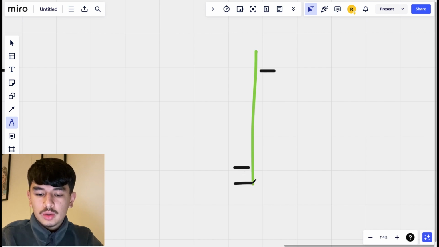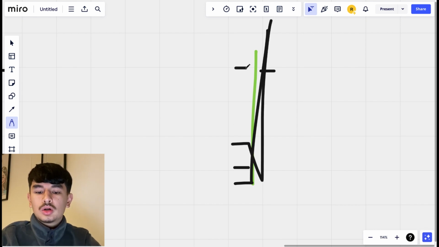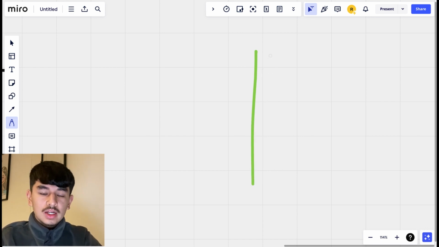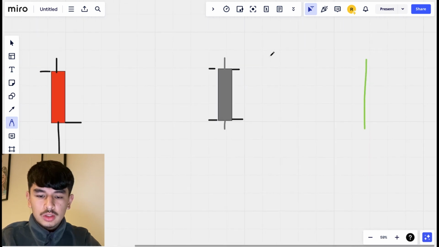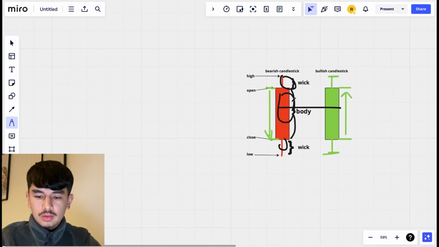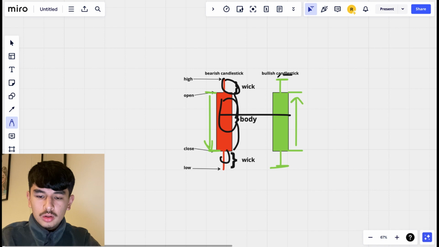So for all we know, it could have started down here and come all the way up here, or it could have started here and come down and then up, or even could have started up here and then down and then up. We do not know. And that's why it's important for all three of the components to be together. That's what gives us a candlestick, and why it's important, and how much information it gives us just from one thing.